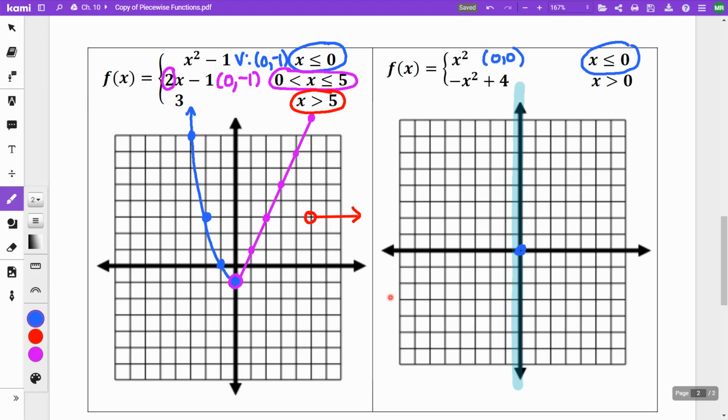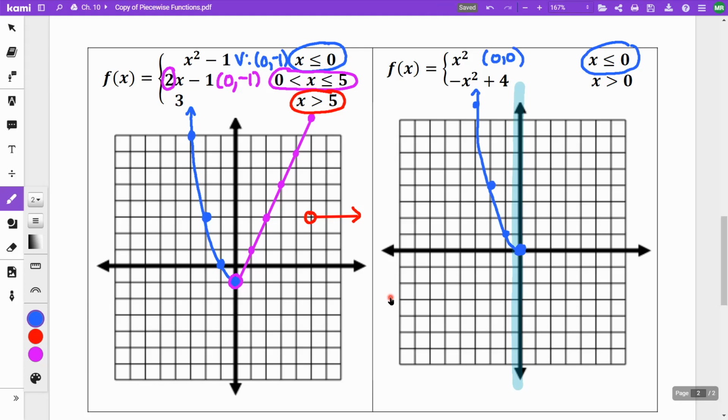So I'm going to have here 0, 0. I'm going to be going to the left. Okay. So 1 squared is 1, 2 squared is 1, 2, 3, 4. 3 squared is 5, 6, 7, 8, 9. And there's my parabola.